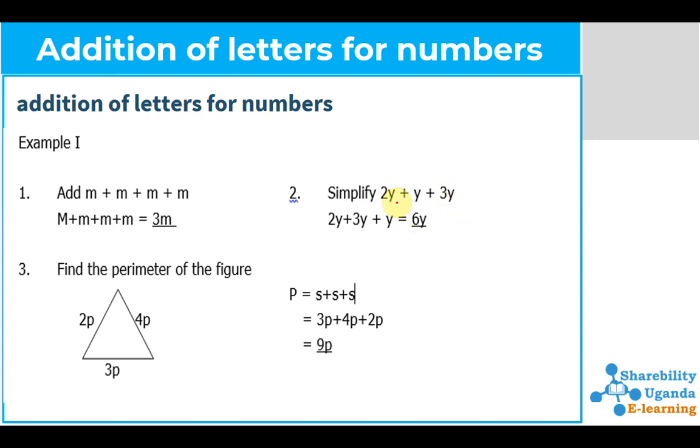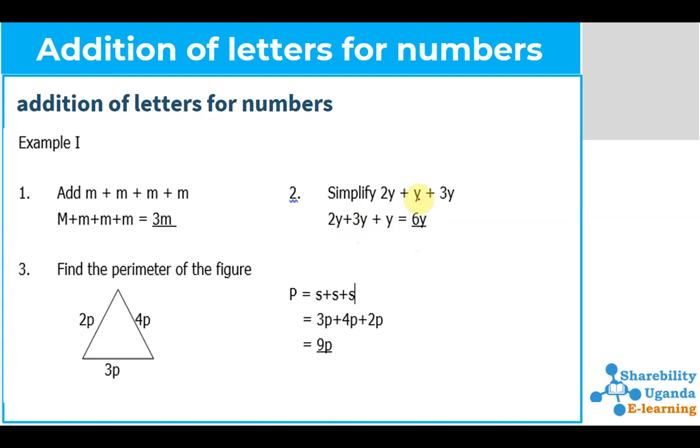If these are 2 y's, when you add another y, those are 3y. Also, when you add another 3y, we come up with 6y. Or you can arrange them accordingly, starting with 2y, then 3y, then lastly y. When you add them, they give you a total of 6y.